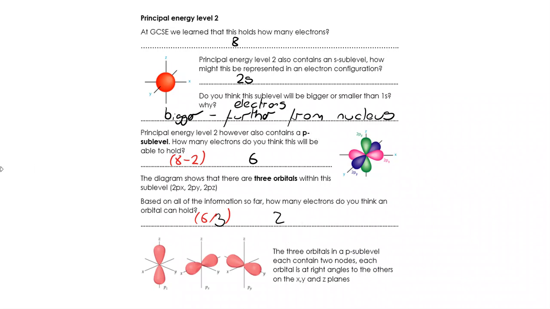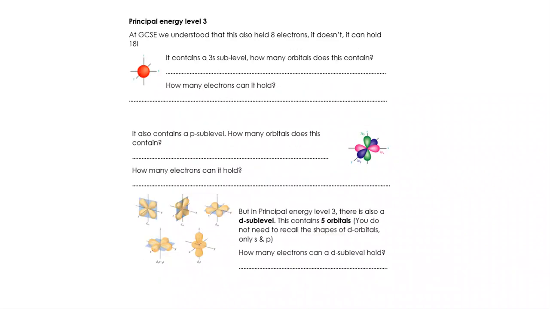Each orbital holds 2. That is always true for an orbital. And your confidence and understanding will develop when we start to put together some of the electron configurations. If we move on to principal energy level 3, we've got a 3s sublevel.